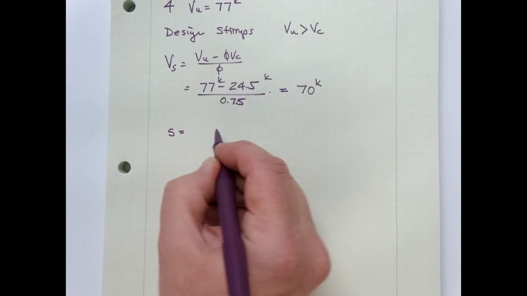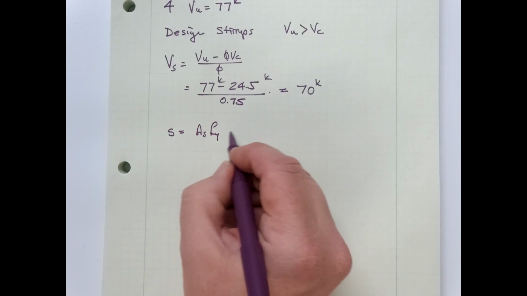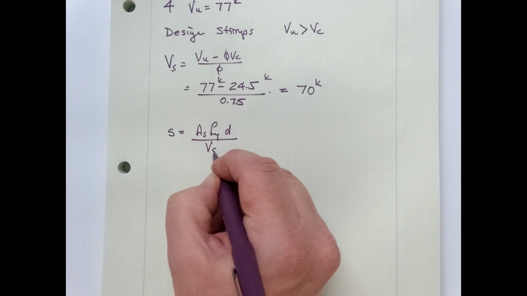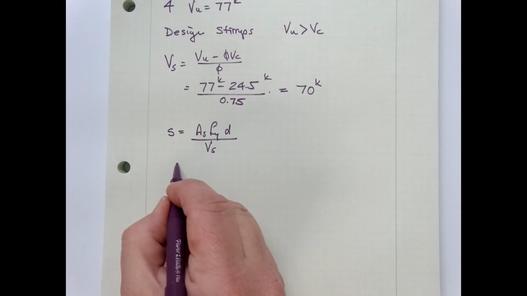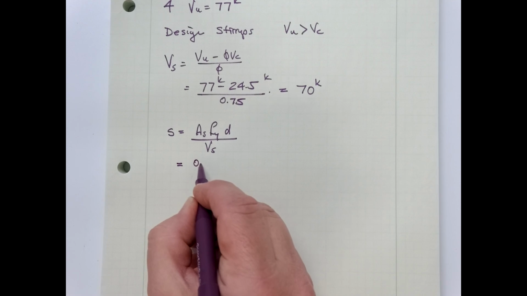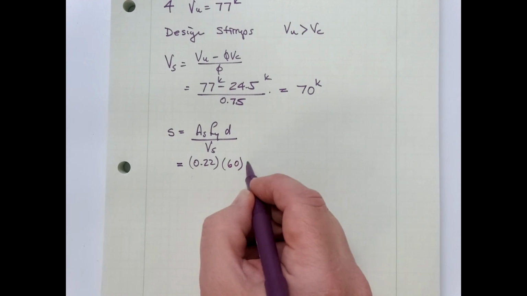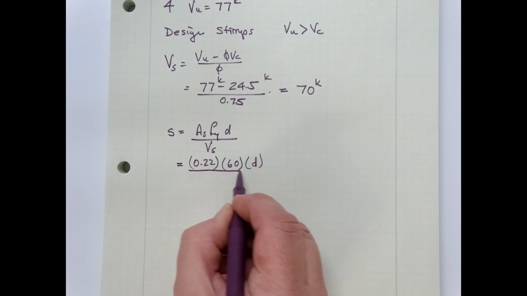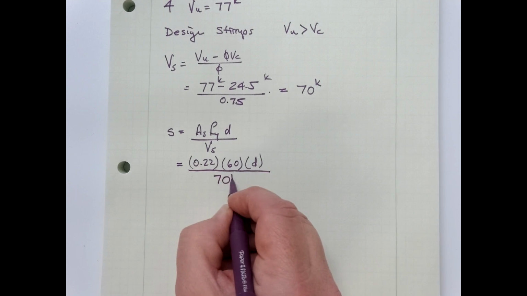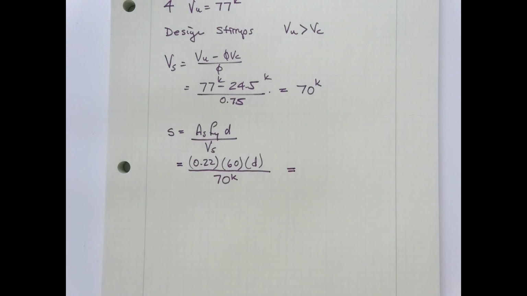So S is equal to A sub S F sub Y D divided by that shear resistance for the steel, and that is equal to 0.22 multiplied by 60 KSI multiplied by depth D, and all of that divided by 70 kips. If you had a number now, you'd be pretty good with your calculators, right? 4.0? Yeah, 4.05.